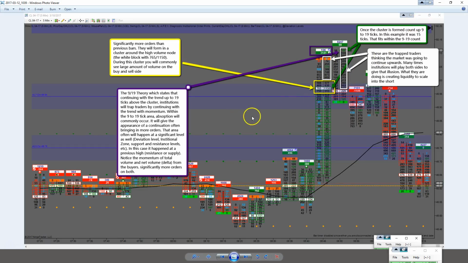But here is what the 9 to 19 theory is in a nutshell. What I'm looking for is clusters of abnormally bigger amounts than previous bars.